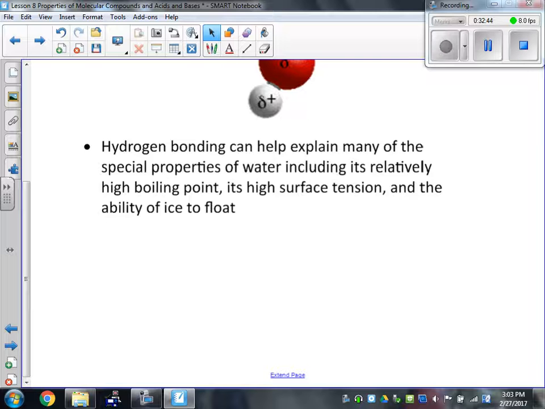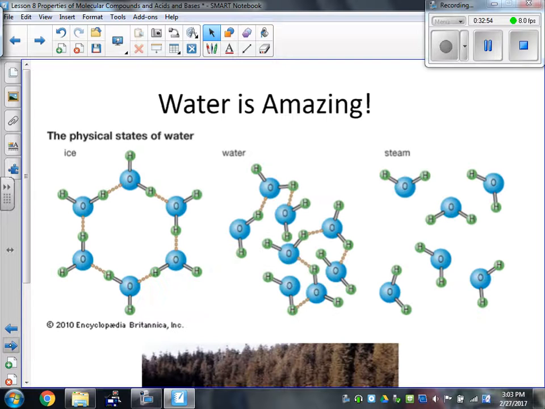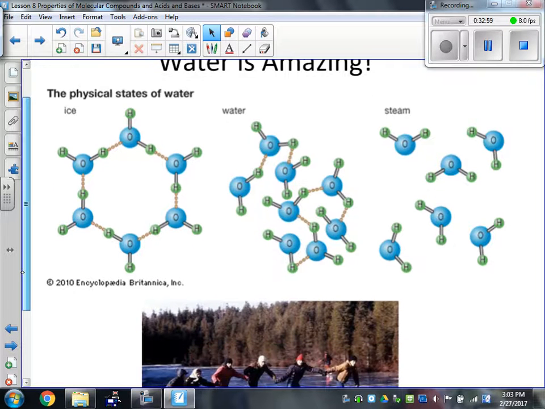And that's why ice can float as well. We already did this. Water is amazing. It's just different ways that they've arranged themselves together. Ice takes on this shape here.